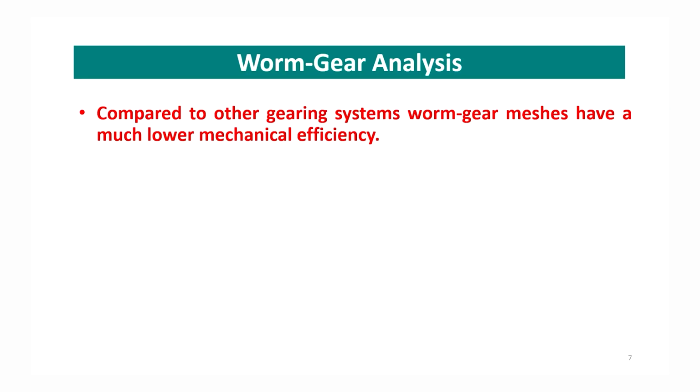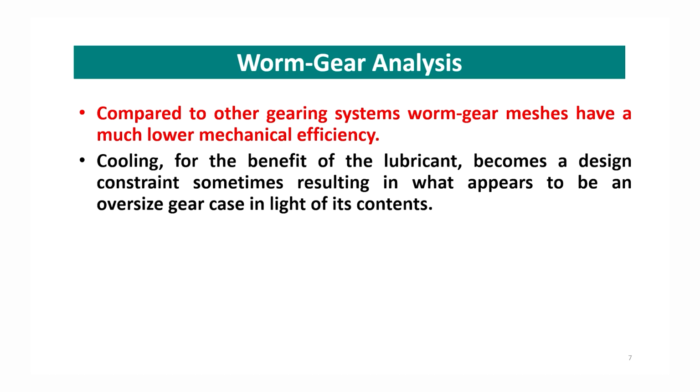Now, compared to other gearing systems, worm gear meshes have a much lower mechanical efficiency due to sliding velocity and the loss of power. Cooling for the benefit of the lubricant becomes a design constraint, sometimes resulting in what appears to be an oversized gear case in light of its contents.